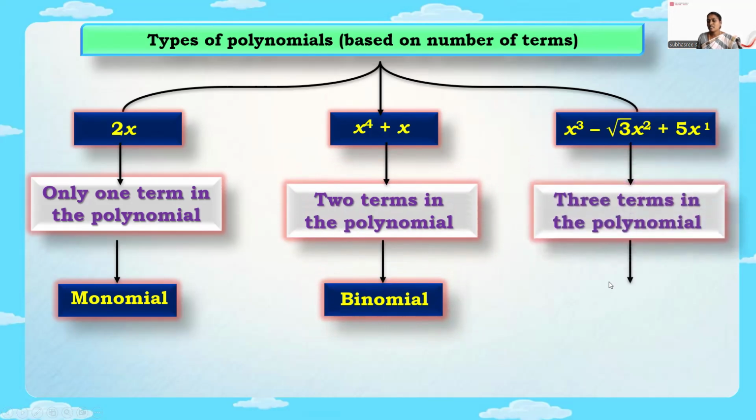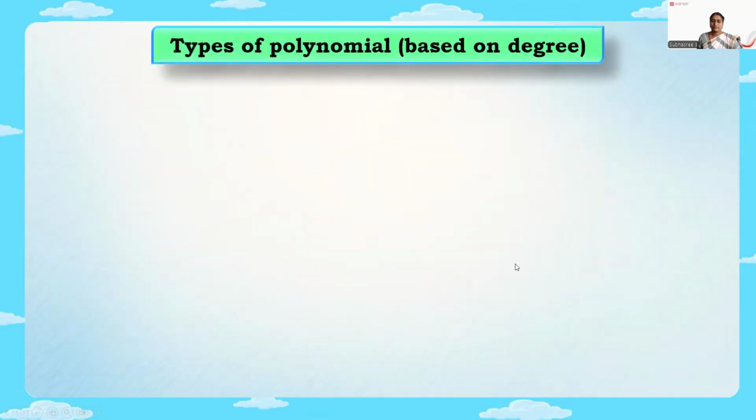So it is called as trinomial. So monomial means only one single term. Binomial, two terms. Trinomial, three terms. Clear? Okay. Next. So far we have seen the types of polynomials based on number of terms.